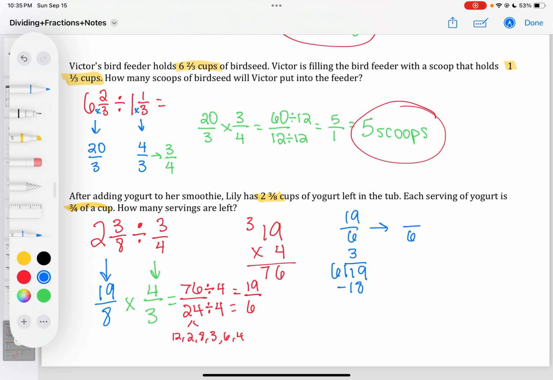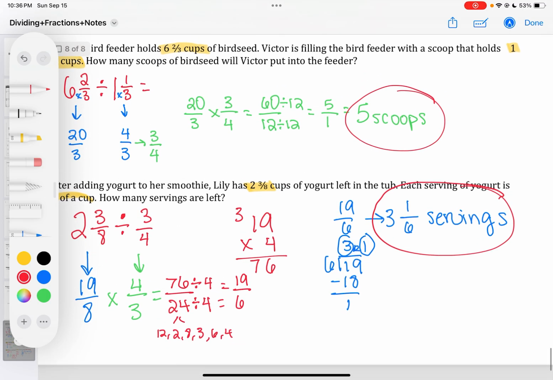I'm going to subtract the 18 from the 19, which will give me a remainder of 1. My remainder will go as the numerator, and my whole number will go in front. So that means we have 3 1/6 servings of yogurt. All right, and then there you go.